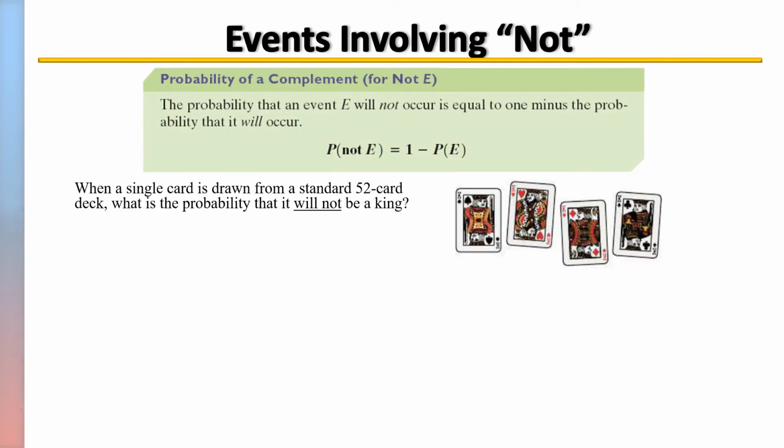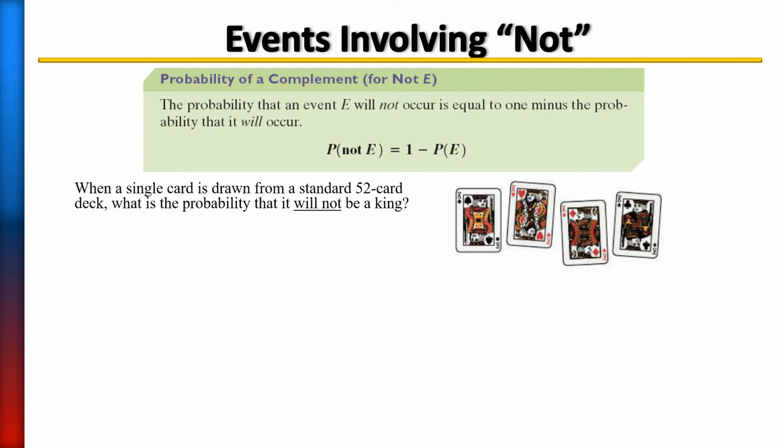Let's do another example using the not. When a single card is drawn from a standard 52 card deck, what is the probability that it will not be a king? Now we know in a standard deck of cards there are 4 kings because you have the 4 suits.